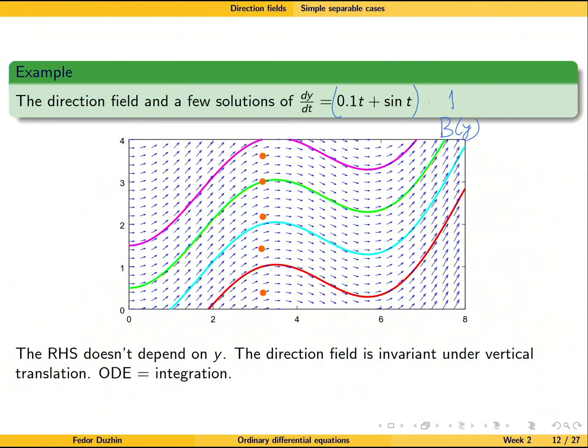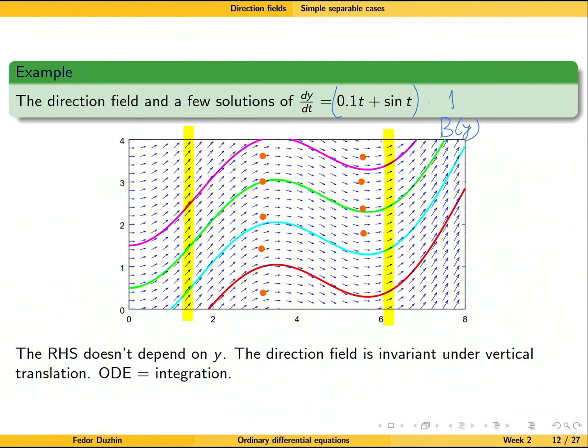If you see that these arrows are arranged in rows and columns, then all the arrows in the same column are exactly equal. So like here, here, here, and so on. All arrows in each vertical column are exactly the same.